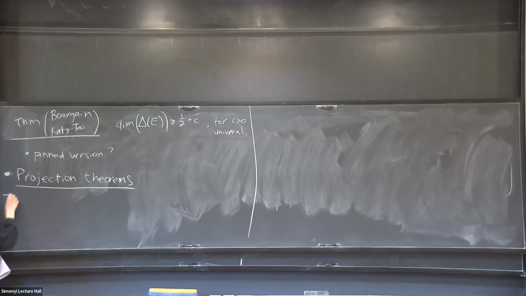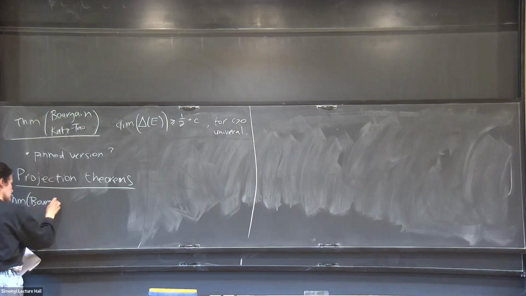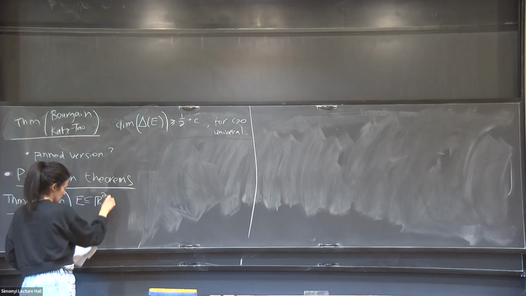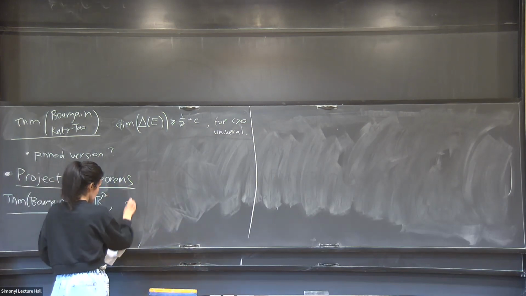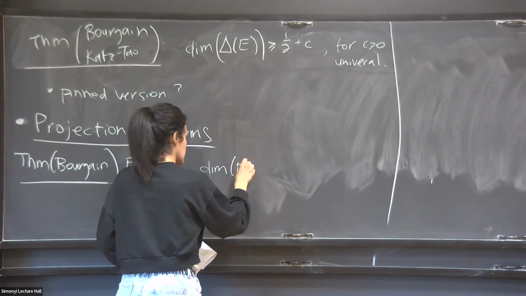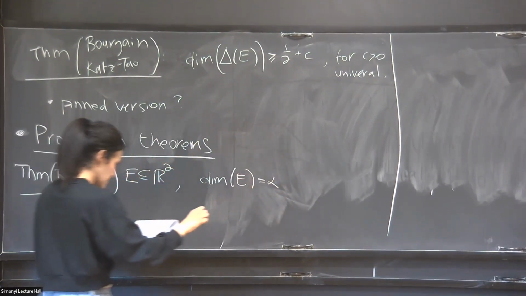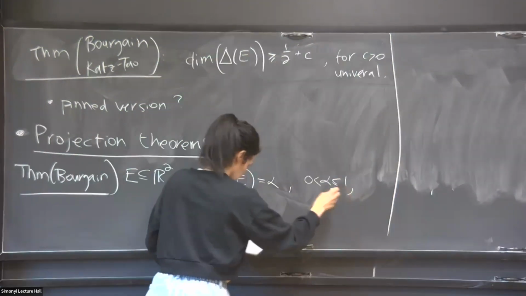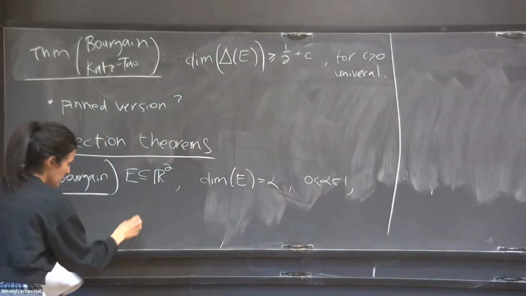Okay, so here again. If we have a subset E of R2, its dimension is alpha between 0 and 1. Now let's look at this set.